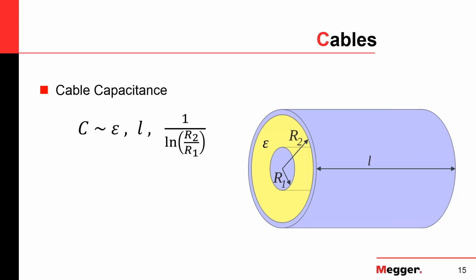Of course, the length is important for the capacitance, and the capacitance is also inversely proportional to the different radiuses that you can find there. So the outer to the inner. The inner would be the conductor, and the outer would be the actual thickness of the main insulation.